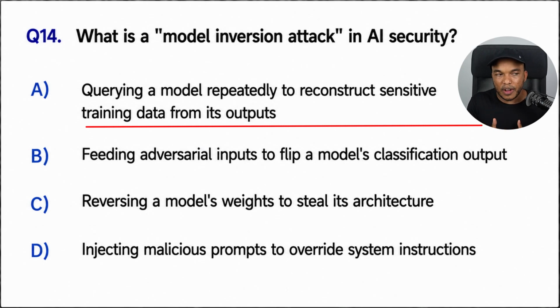However, with the model inversion attack technique, they end up querying the AI model thousands, maybe even tens of thousands of times, and then analyzing its responses. By analyzing the kinds of outputs the model gives back, the malicious users might be able to reconstruct sensitive information from its training data. That's essentially what the model inversion attack is.